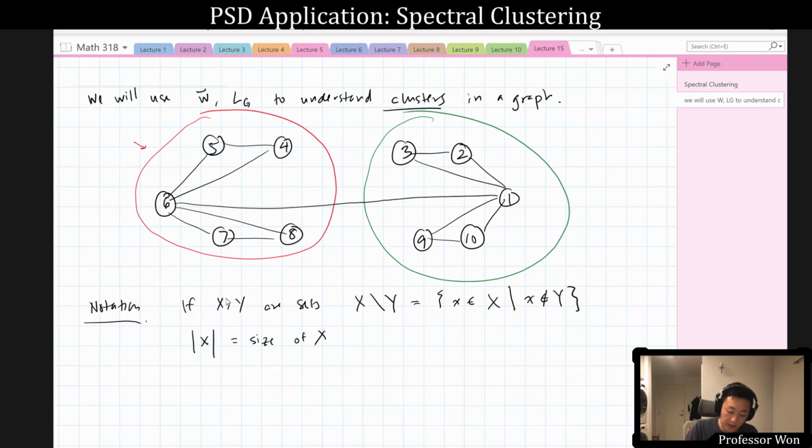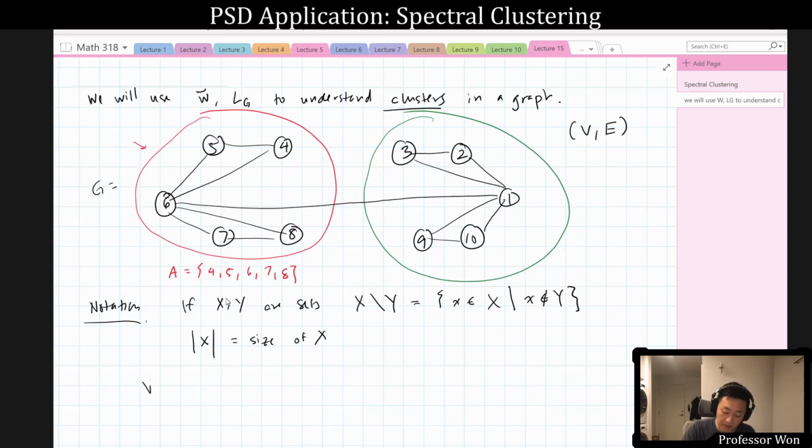So, for example, if I call this set A, it's 4, 5, 6, 7, 8, then remember this graph has vertex set V and edge set E. The vertex set here is 1 through 10.